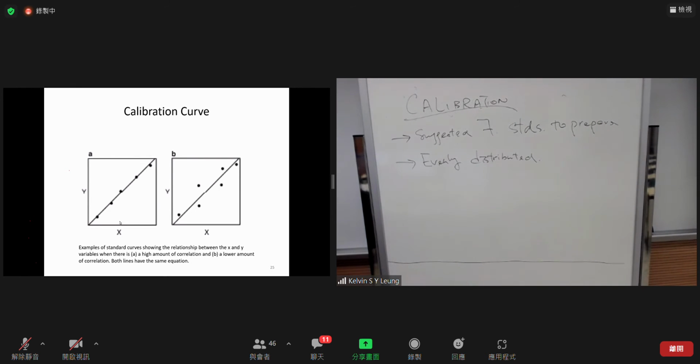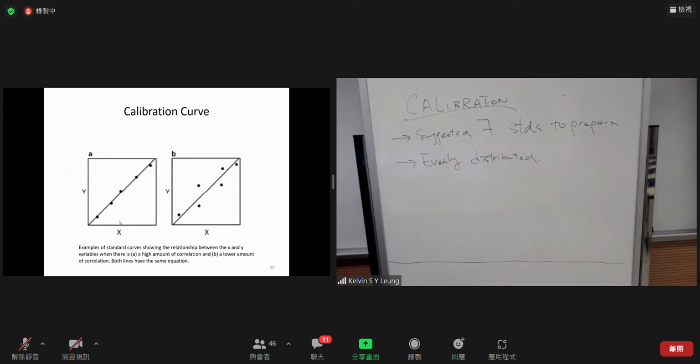So in here, you will have 2 curves. The left one, A, has a higher correlation because you can see it falls much more on a straight line, whereas the B one will have a lower one, okay, even though they have the same equations, but from the points that are shown, the B one does not fall onto the line, okay?